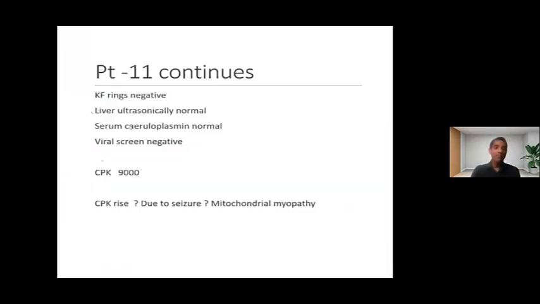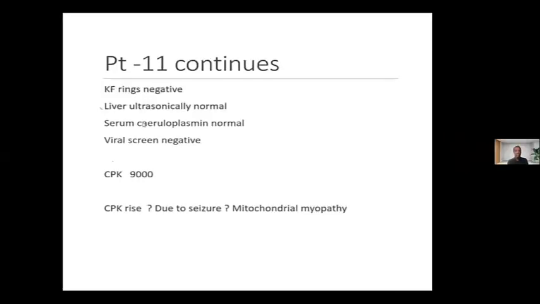If you want to discuss that patient, Wilson is the differential diagnosis, because the patient has seizure and neurological impairment with liver abnormality. But the liver was ultrasonically normal and the ceruloplasmin done was normal, and all the viral screenings were negative. But his CPK was 9,000.